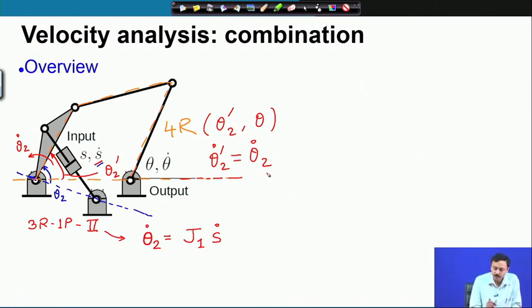Now, given theta 2 prime dot, finding out theta dot is the velocity relation for the 4R chain. So, that we already know. So, theta dot is equal to J 2, which is for the 4R chain, times theta 2 prime dot.